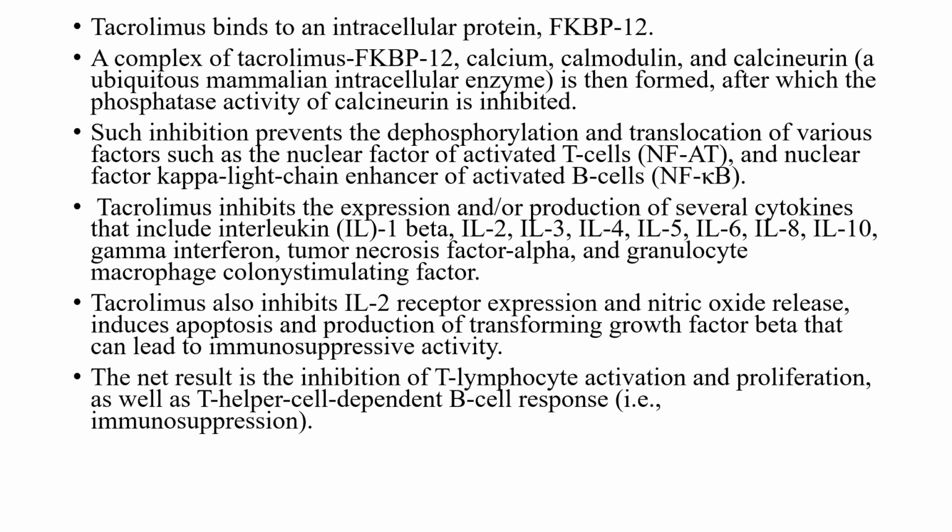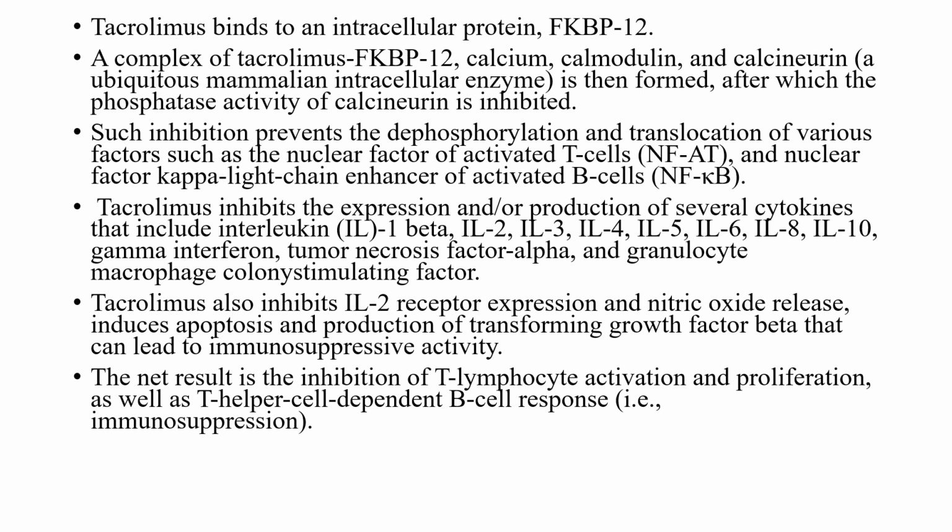Only when these get dephosphorylated do they become active. The dephosphorylation is inhibited because of the binding of calcineurin with the tacrolimus complex. So tacrolimus prevents the dephosphorylation and translocation of these factors which activate the T cells and the B cells.